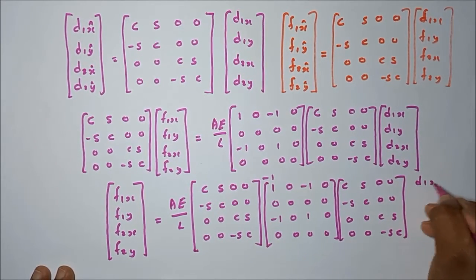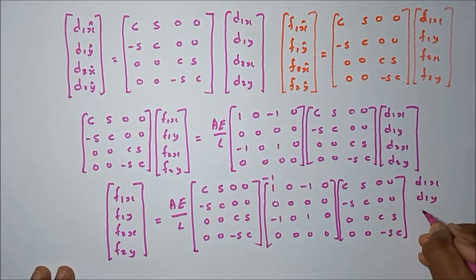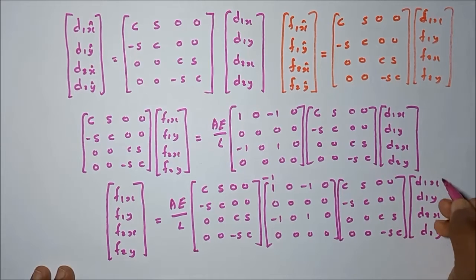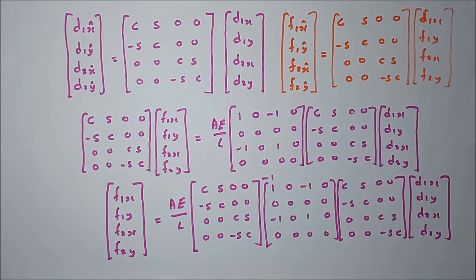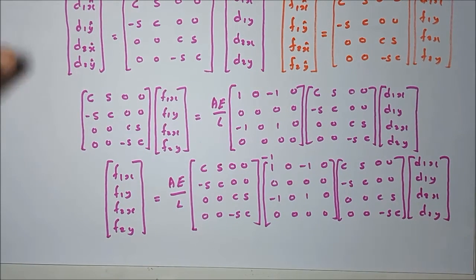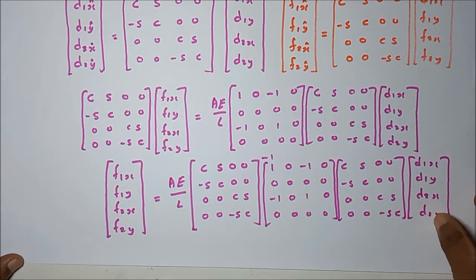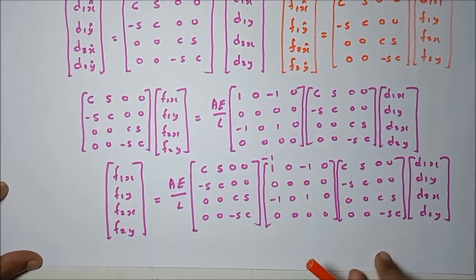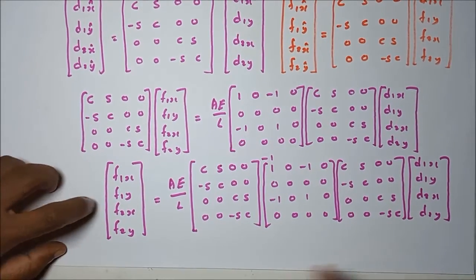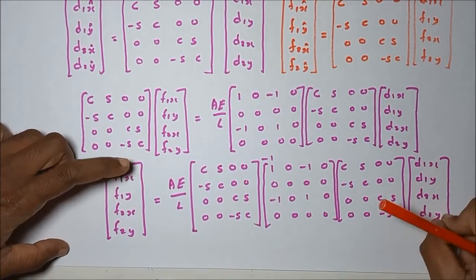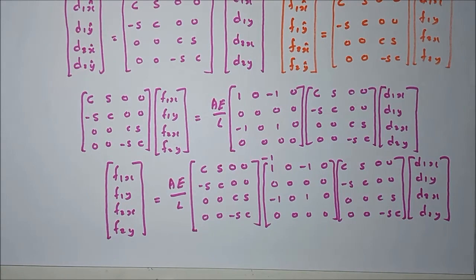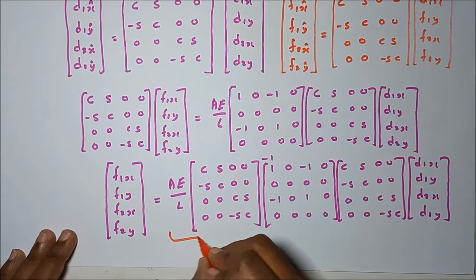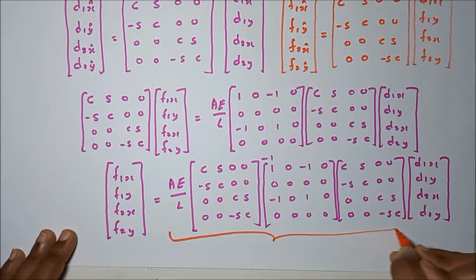Then the d1x, d1y, d2x, d2y. Now you can see we have the element equation with reference to the global coordinate system. This equation is the multiplication of these three matrices.